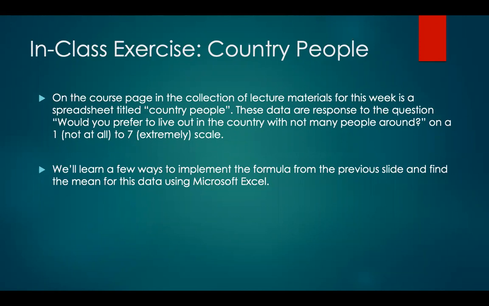Now these data are a response to the question, would you prefer to live out in the country with not many people around on a 1 not at all to 7 extremely scale? And through working with this data set, we'll learn a few ways to calculate the mean using that formula I presented earlier for this data set in Microsoft Excel. You could also do this in Google Sheets or LibreOffice.